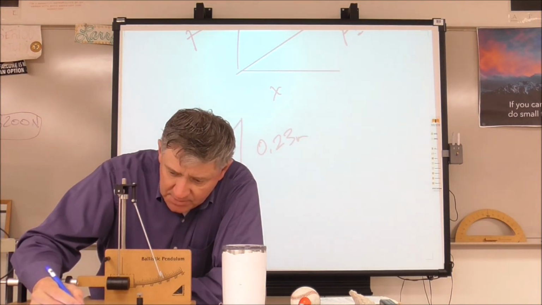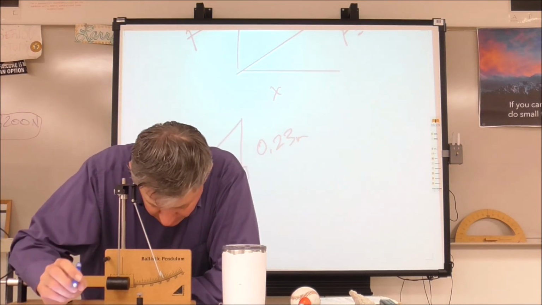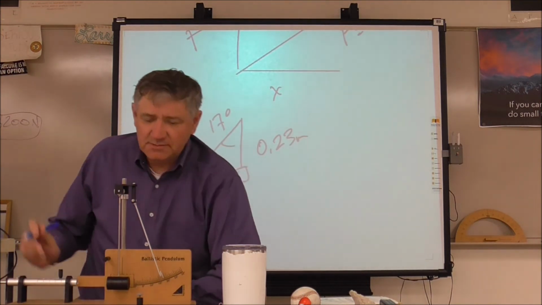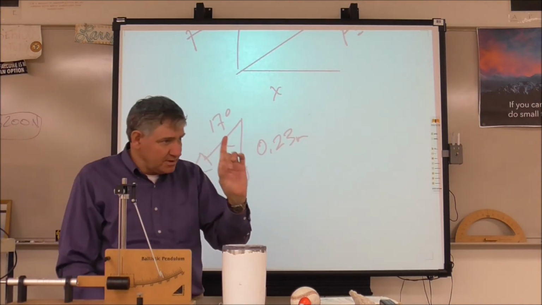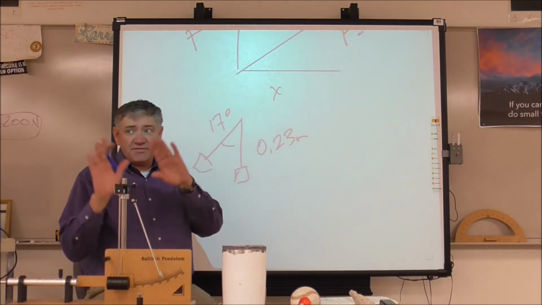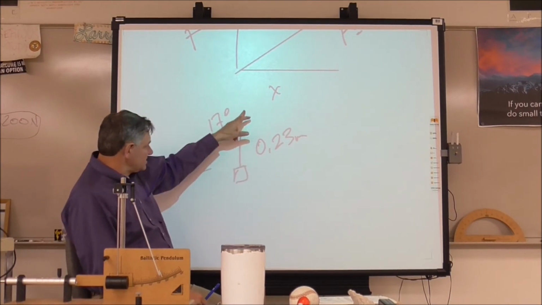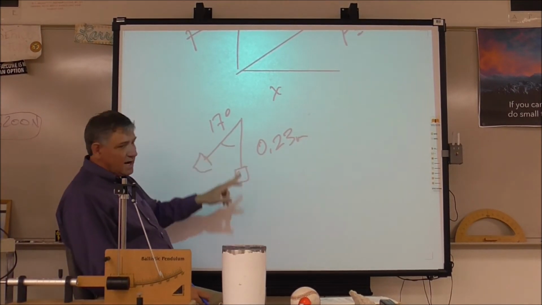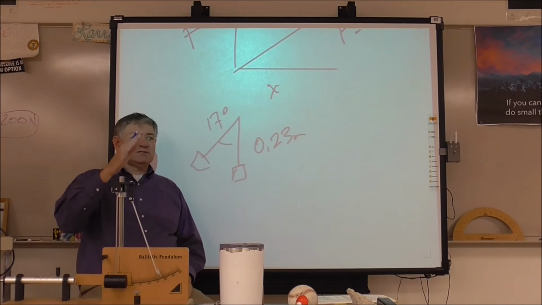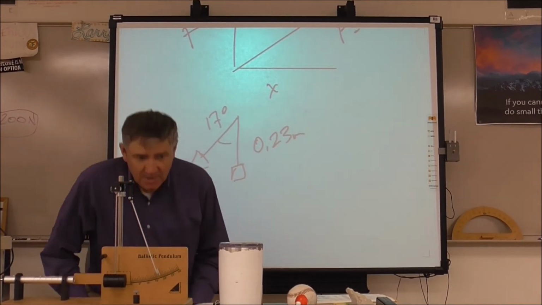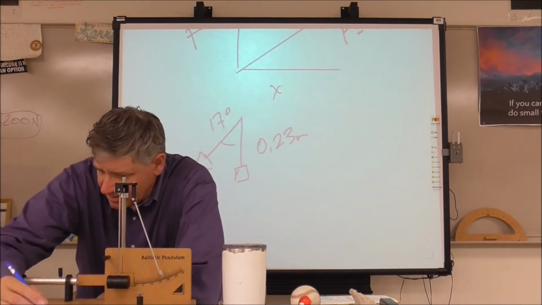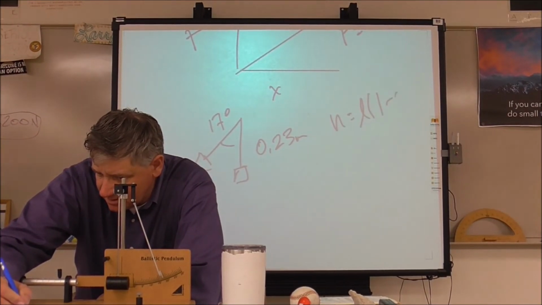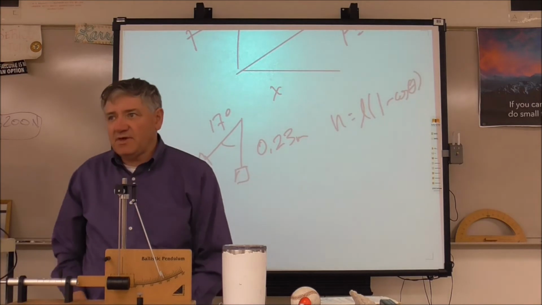It swung up to an angle of 17 degrees. Now, just knowing this, if I know nothing else, I know this pendulum is 0.23 meters long, and it swung to an angle of 17 degrees. At this point, we can use that new equation that says h equals L times 1 minus cosine theta.